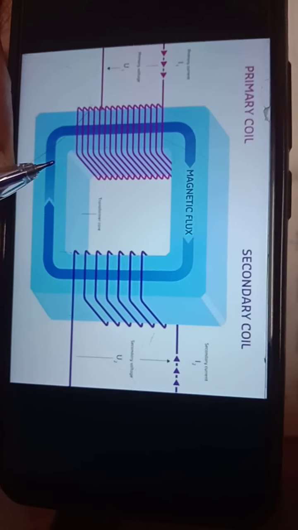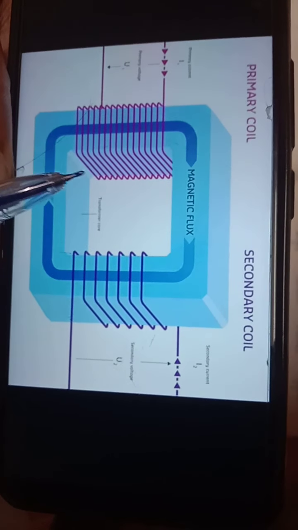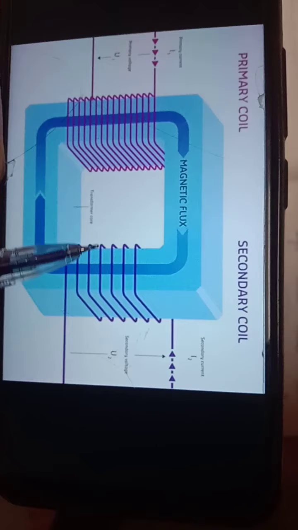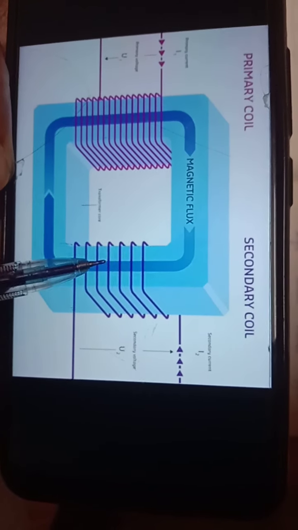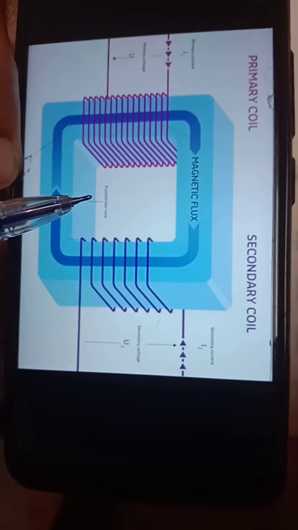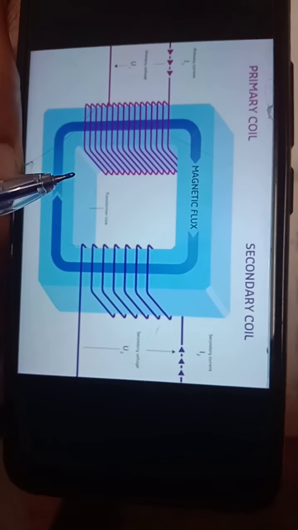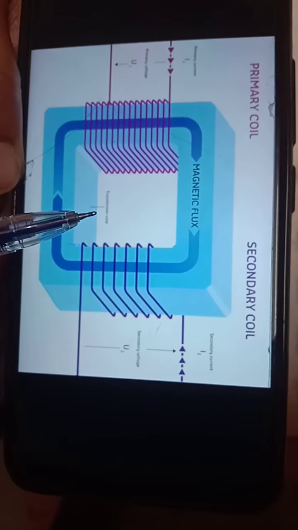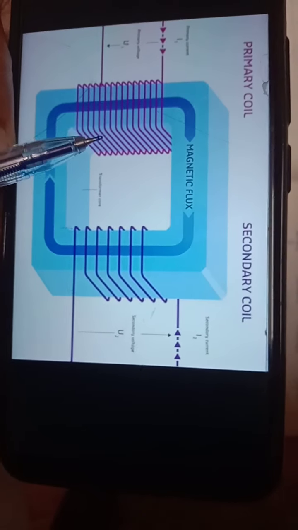Understood? Because of the imperfect matching of the primary and secondary coil magnetic flux, there occurs some amount of electrical energy loss in the primary coil.